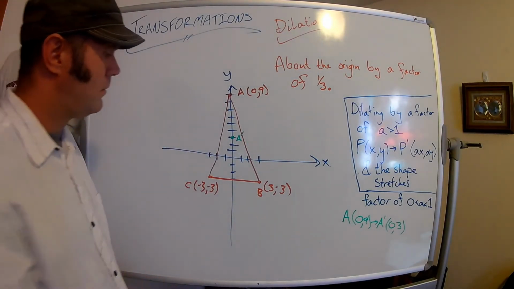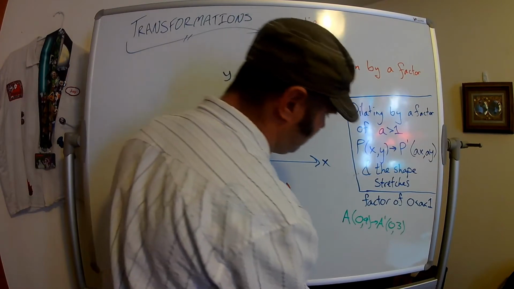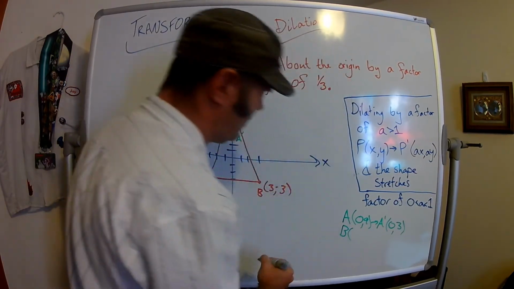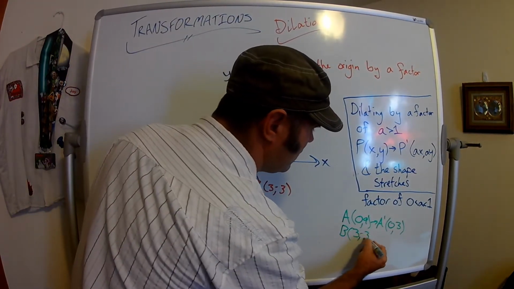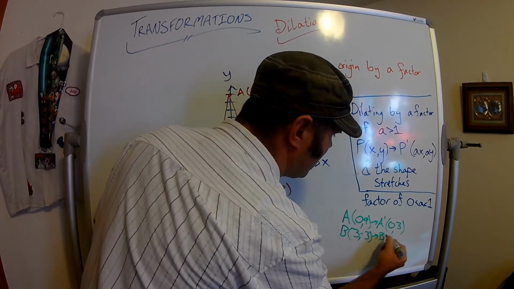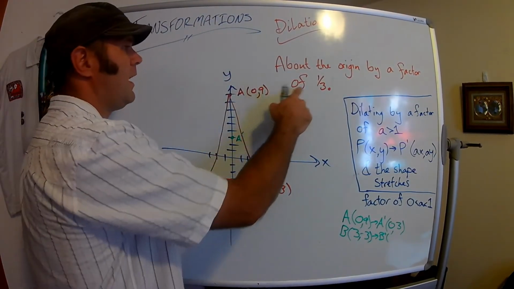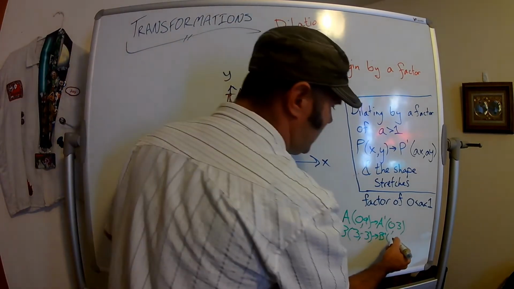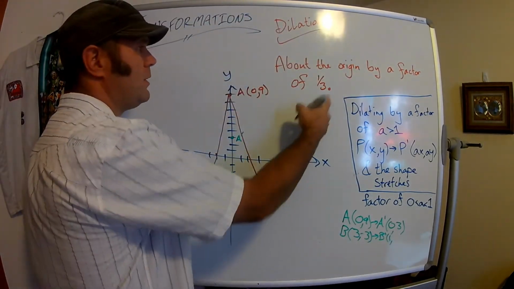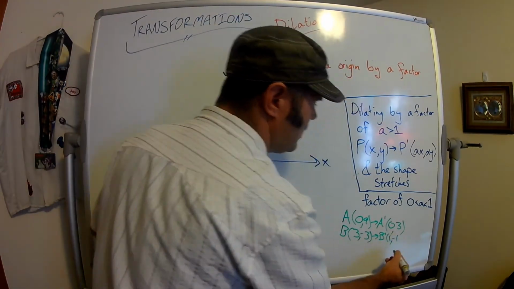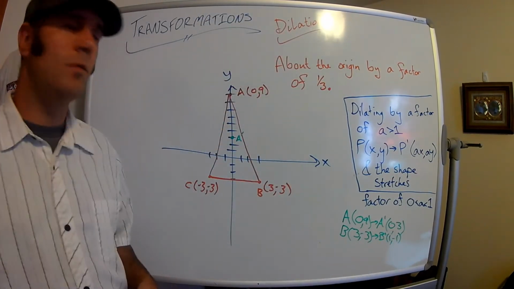All right, B. B is 3 negative 3, and it becomes B prime. 3 times 1/3, or 3 divided by 3, is 1. And then negative 3 divided by 3 is negative 1. So we get 1, negative 1.